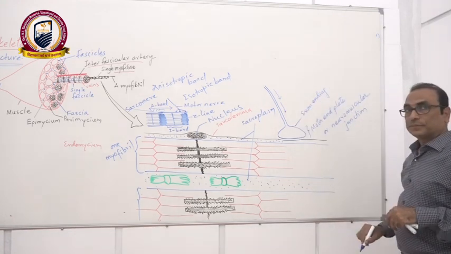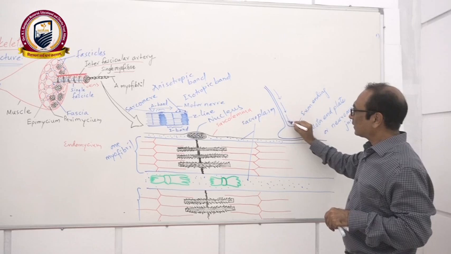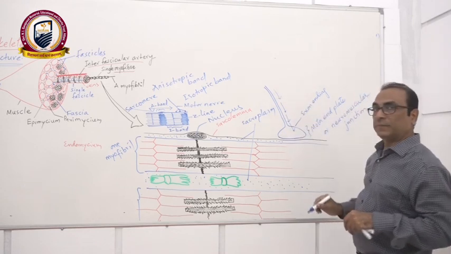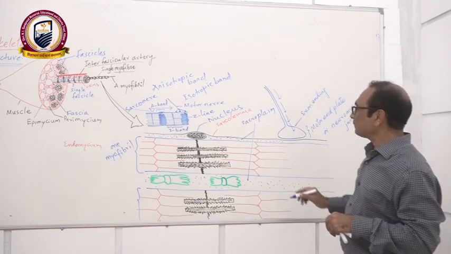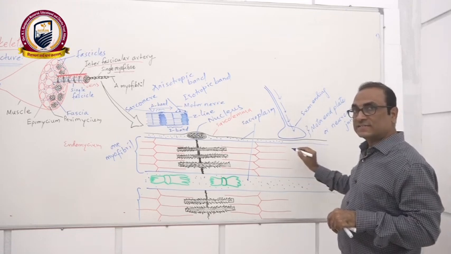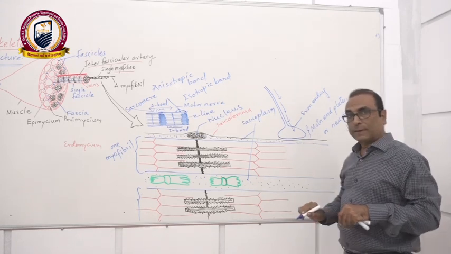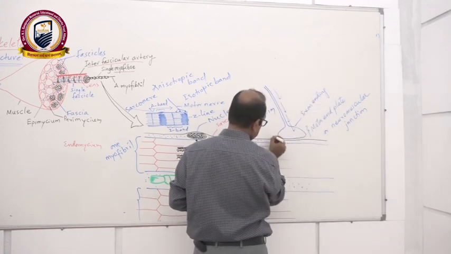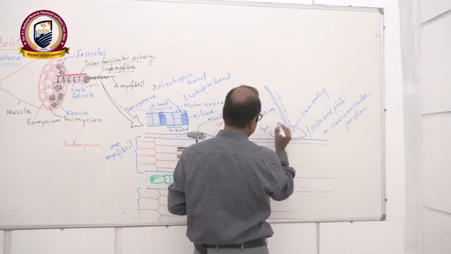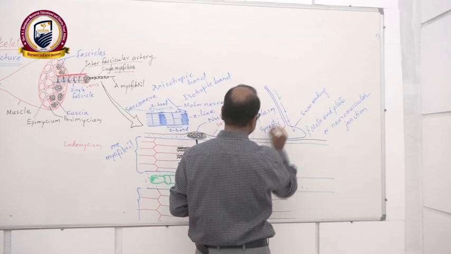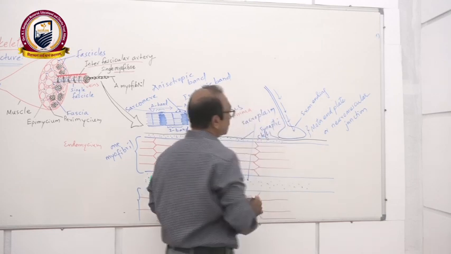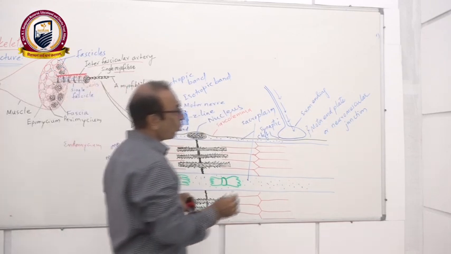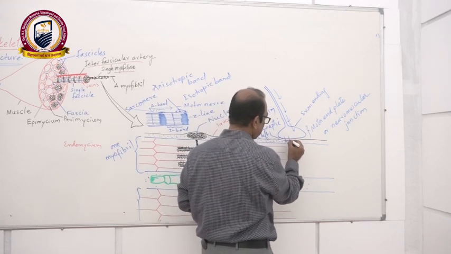This motor nerve brings about the message or the electric signal and excites the muscle fiber. Okay, and this gap is called the synaptic cleft, through which, by the help of acetylcholine, the transmission of nerve impulse takes place.